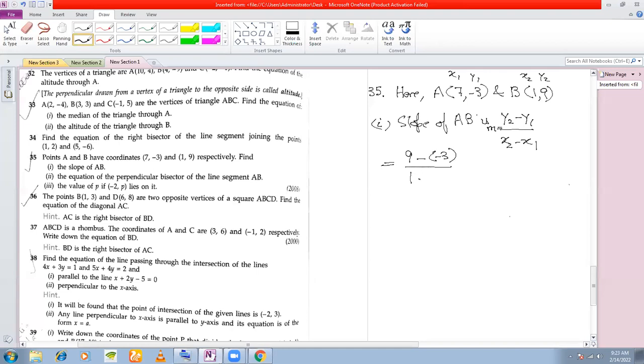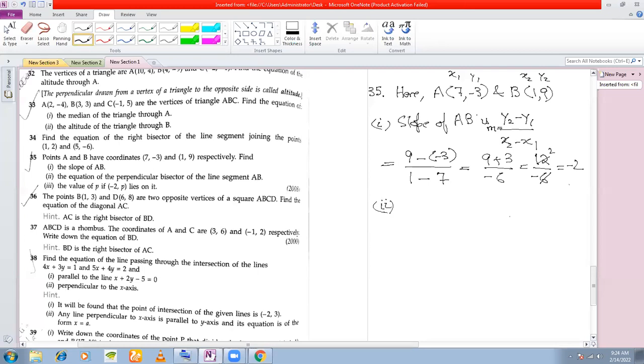X2 here is 1. And x1 here is 7. So you get 9 plus 3 by -6, which you get as 12 by -6. This cancels. So you get -2. Okay. This is the slope of AB, M.